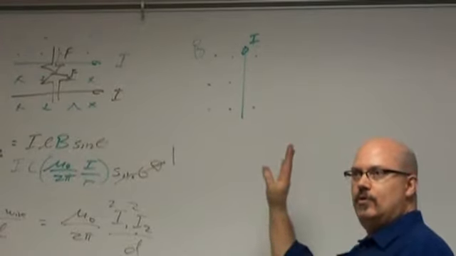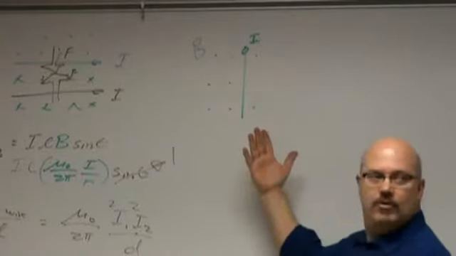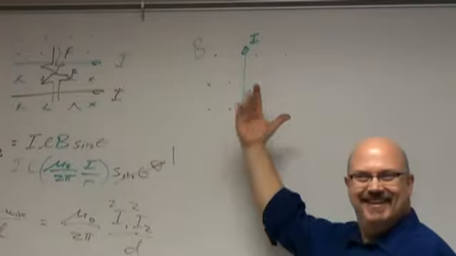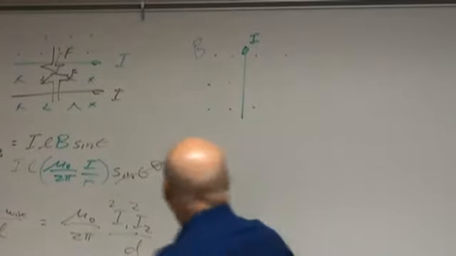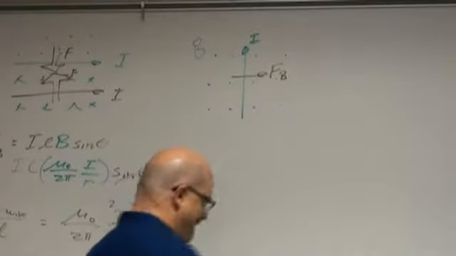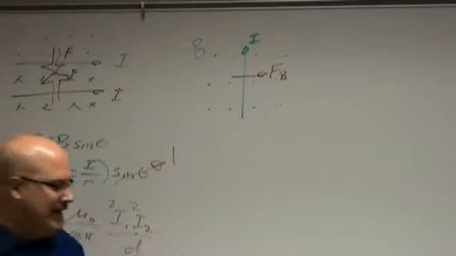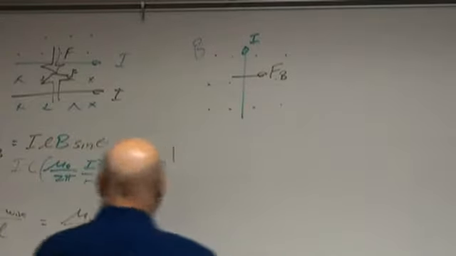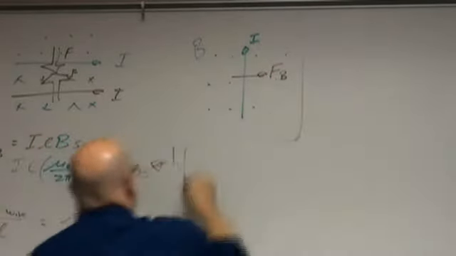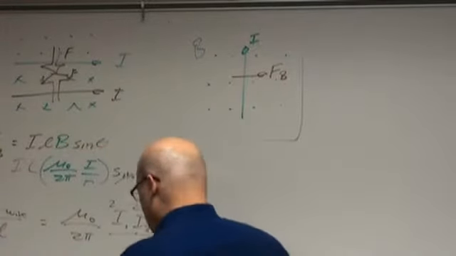Current up. Well, my thumb is pointing. Right hand rule or left hand rule? Right hand rule. Left hand, opposite rule. Change the signs here. The answer is C. Direct it to the right. Excellent.